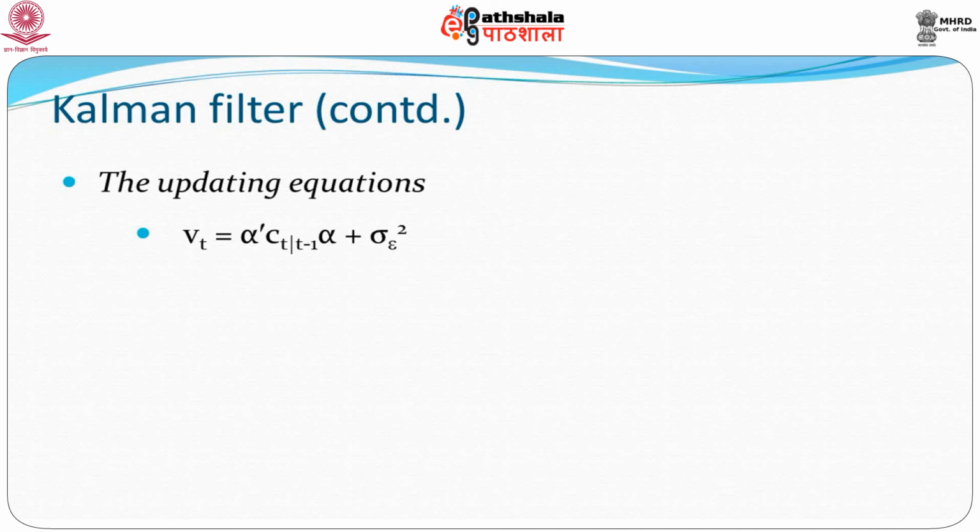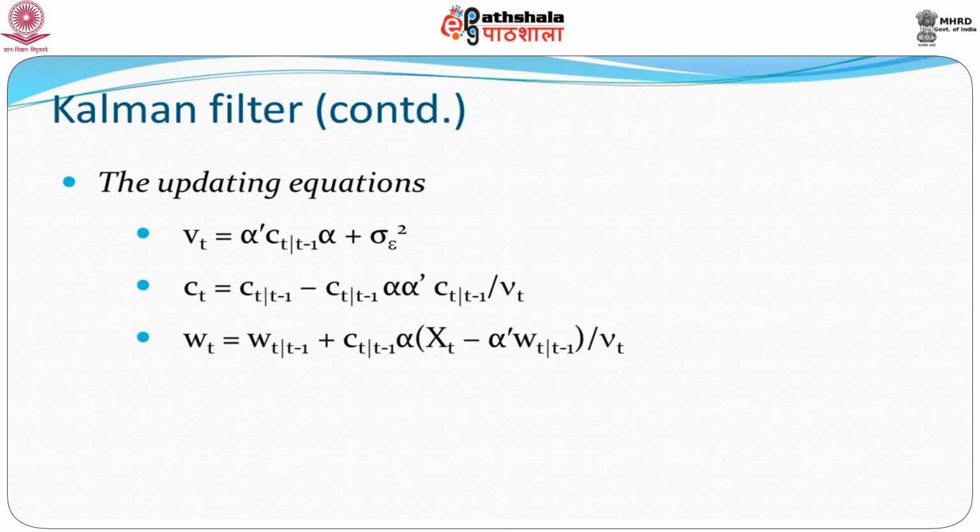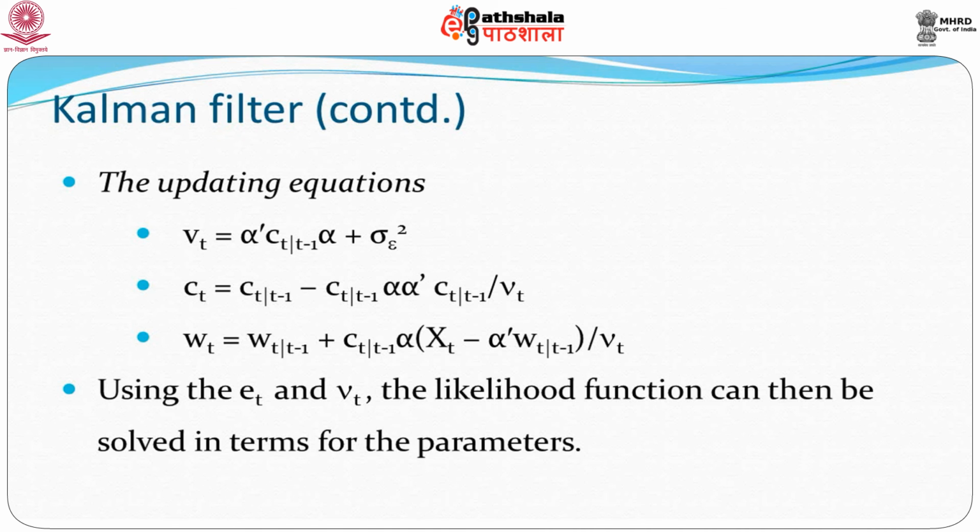And then you have [I, alpha] times the inverse of the dispersion matrix, Ct given t minus 1, 0, 0, sigma epsilon square, and then you have the y vector, which is the response vector, Wt given t minus 1 and xt.